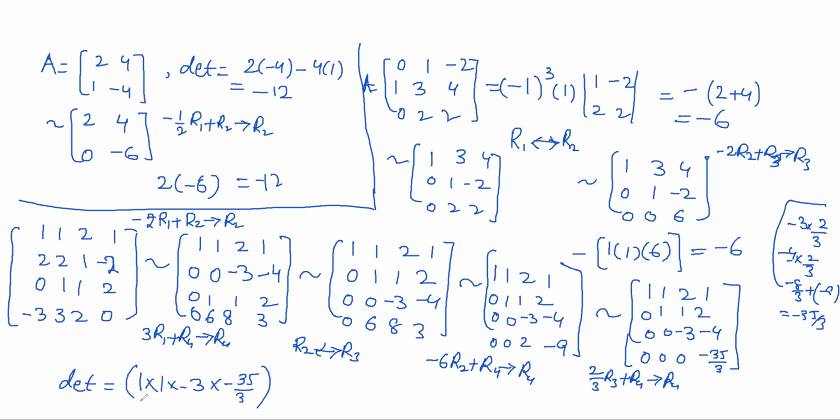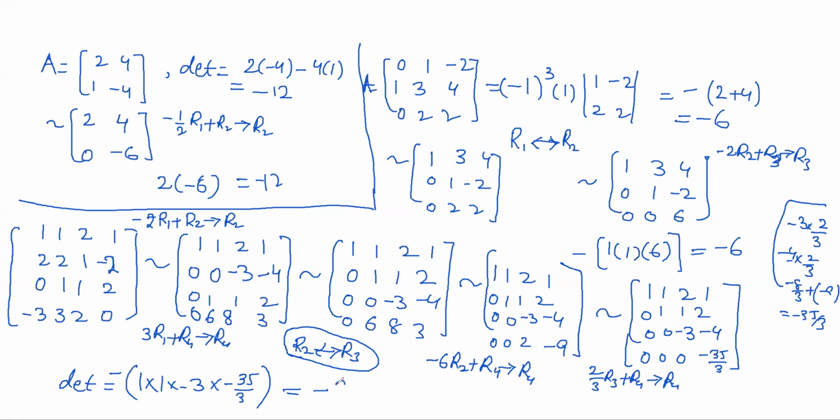And then a minus sign over here, because one time we have interchanged the rows. So therefore, what is the final answer we got? Minus 35.